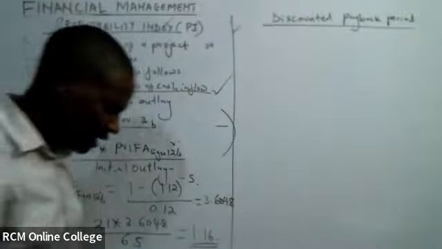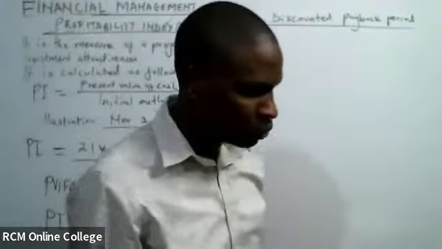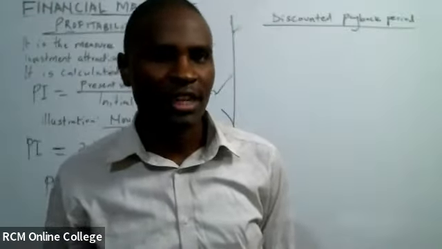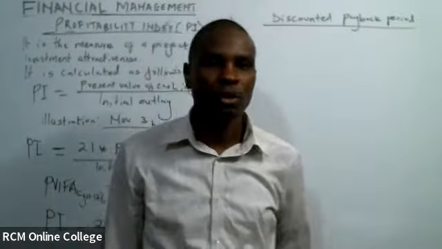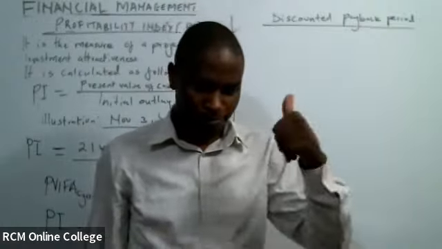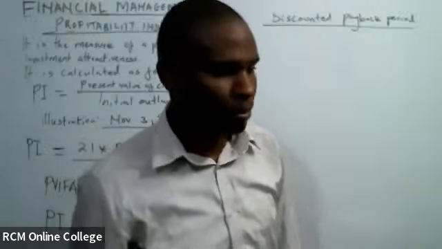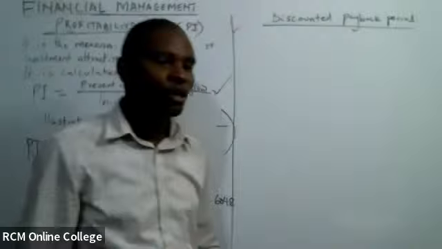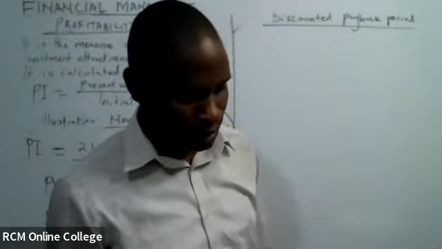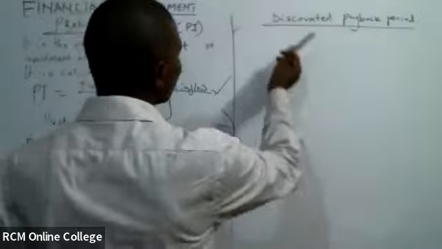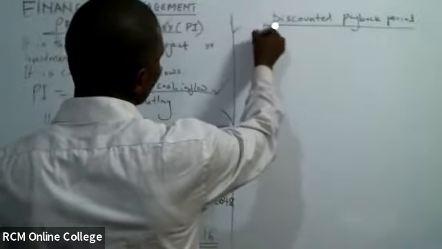So how many years does it take for us to recover the amount of money that we invested at the start in that project? And we say that the shorter the period, the better the project. The shorter the period we take to recoup or recover what we invested, the better the project.